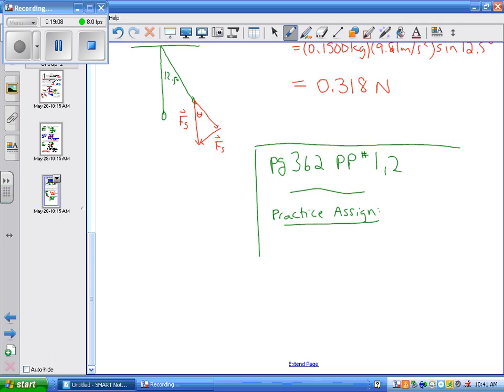So in your text, on page 347, numbers 1 to 12 and 14. On page 380, numbers 2, 6, 9, and 10.